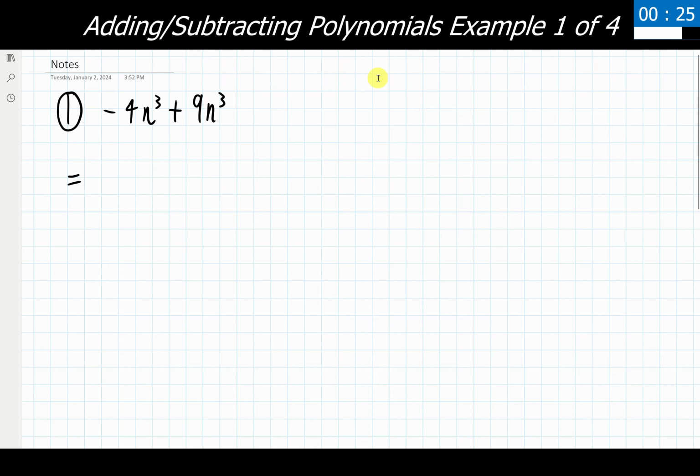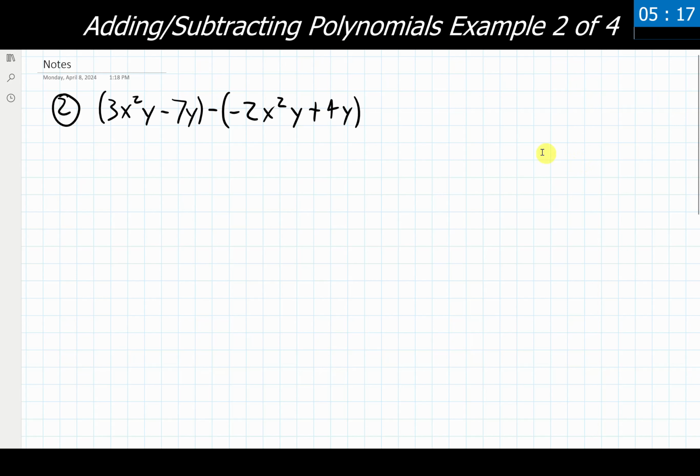Variables and their exponents absolutely never change when we are combining like terms. So I have an n to the third power, -4 plus 9. That's going to give me a +5. I don't have anything else that I can combine with this term right here, and therefore I have my final answer of 5n to the third power.